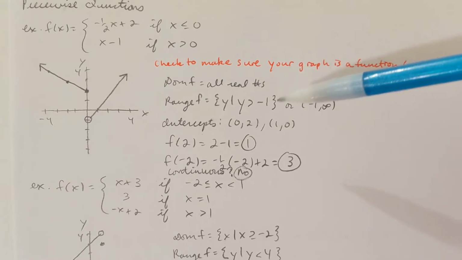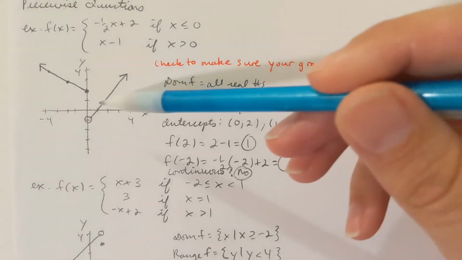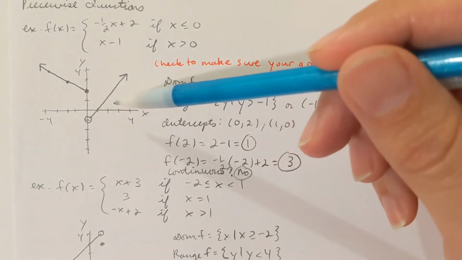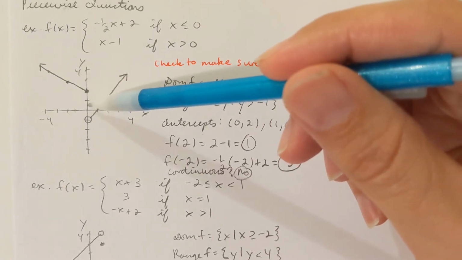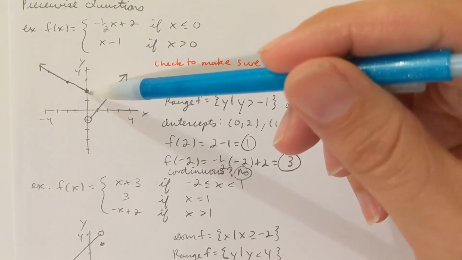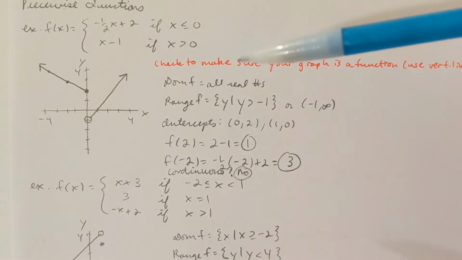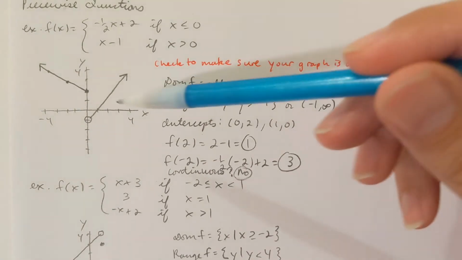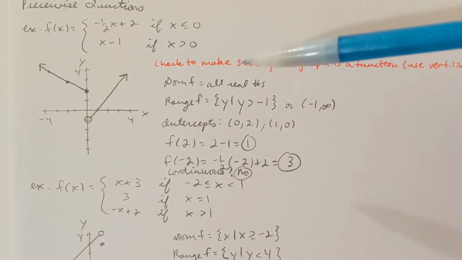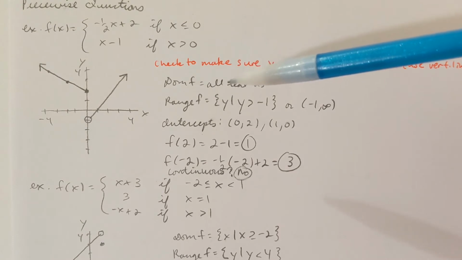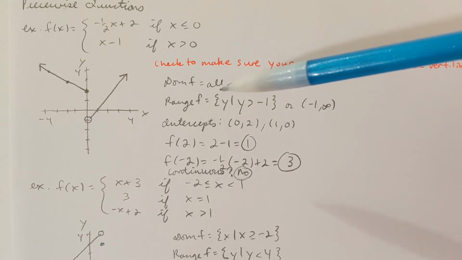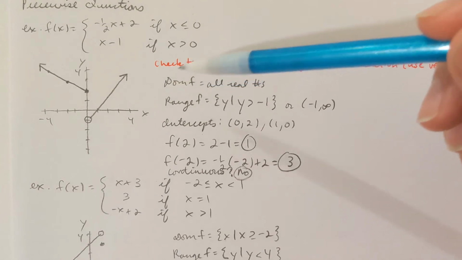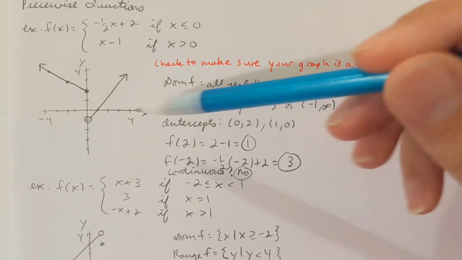The intercepts, there are two of them, 0, 1, or 1, 0, and 0, 2. And the intercepts, of course, are where the graph would cross or touch the axes. F of 2 is 2 minus 1, which is 1.